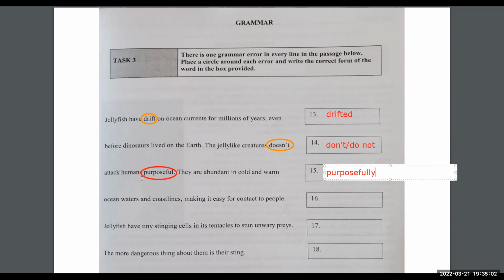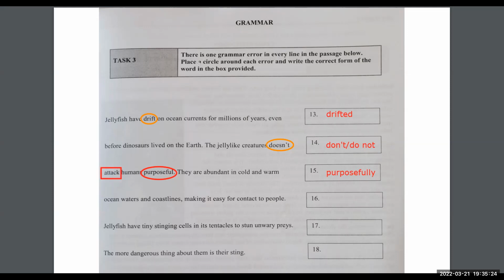Purposefully, which will be an adverb, because it is describing how the jelly-like creatures attack, or rather how they do not attack. So it is modifying or describing this verb attack.